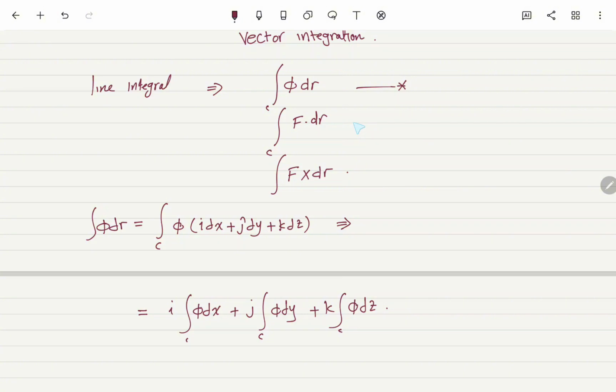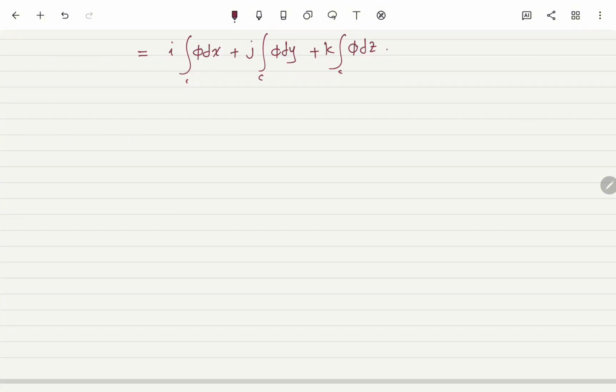Now this integral here is actually work. We are familiar with this definition, which is work equal to integration F dot dr. Let's have an example.